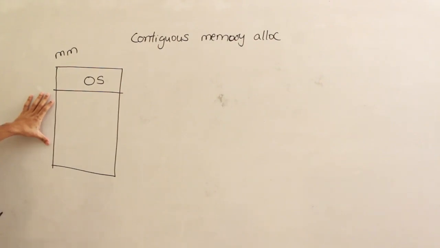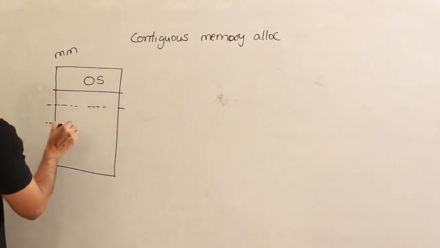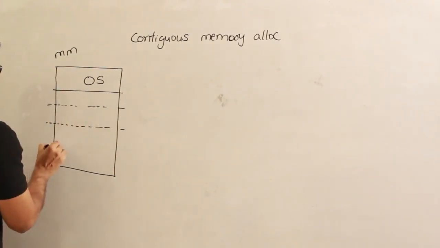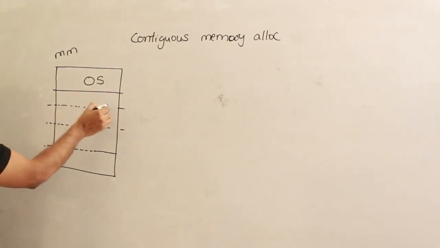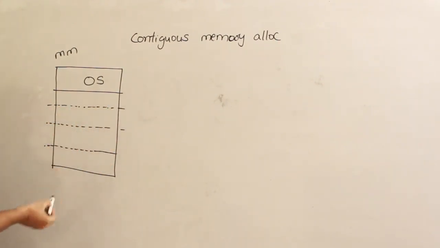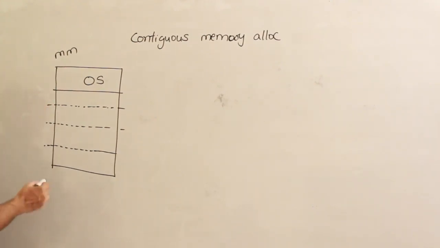So one technique was to divide the remaining part into equal sized or fixed size partitions. A process, if it has to run, should be loaded in only one partition and be contiguously present in that partition, then only it can run. This method is called fixed partitioning.